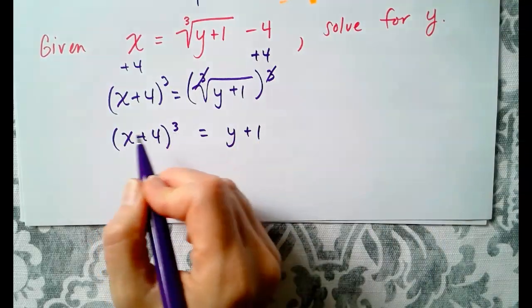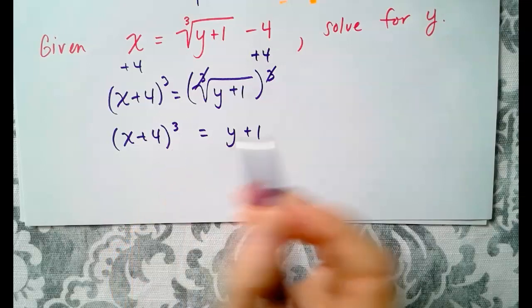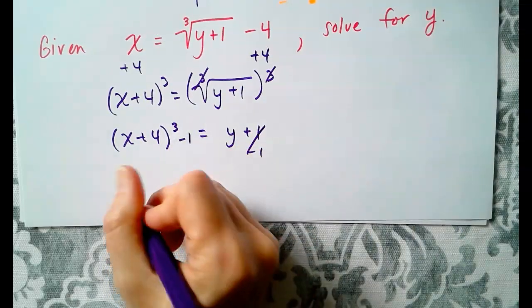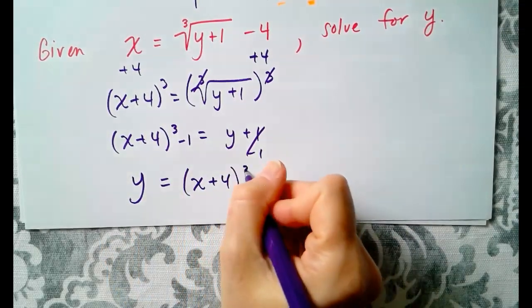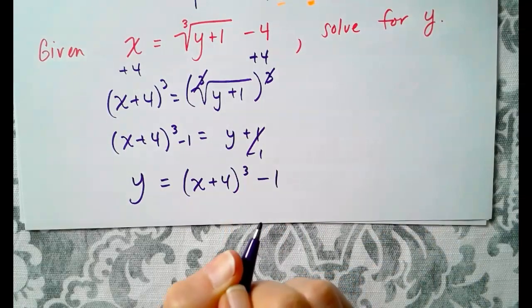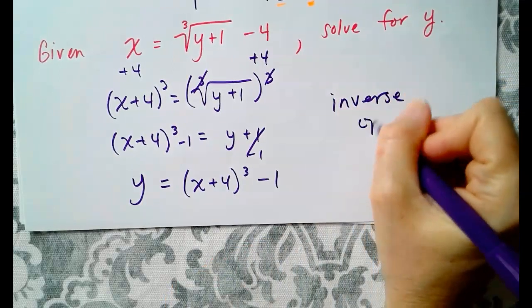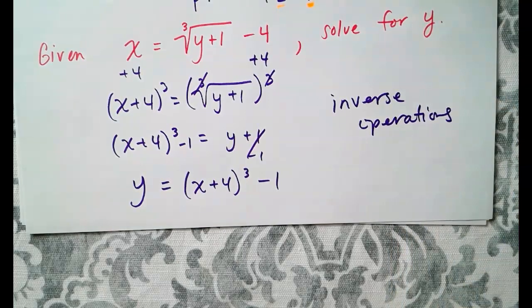And there is no need to simplify x plus 4 quantity cubed. Just leave it. Then finally, subtract the 1 from both sides. So y equals x plus 4 cubed minus 1. So that is solving for the variable using inverse operations. And that is the end of section 1.3.